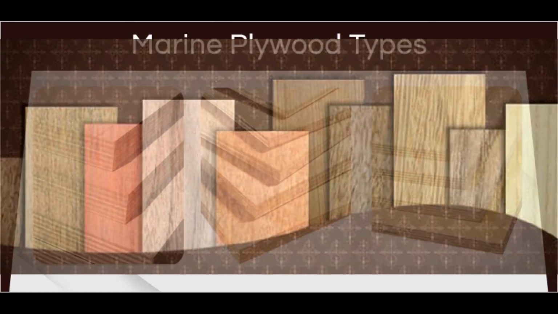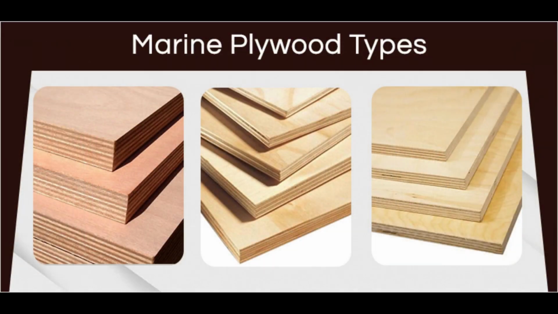Marine plywood is manufactured from durable face and core veneers with a few deficits, so it performs longer in both humid and wet conditions and resists delaminating and fungal attack. Its construction is such that it can be used in environments where it is exposed to moisture for longer periods.